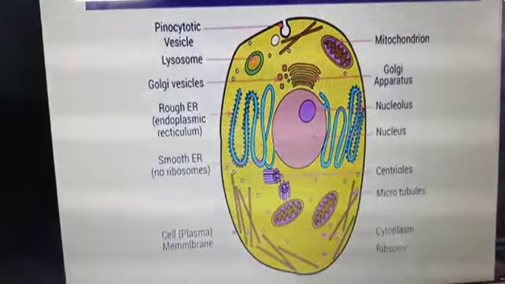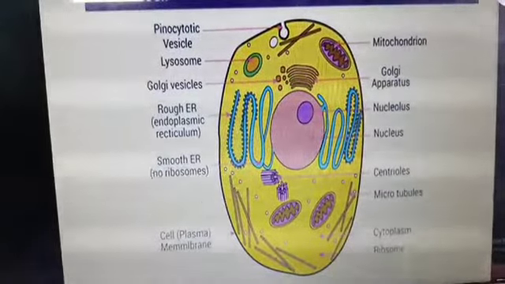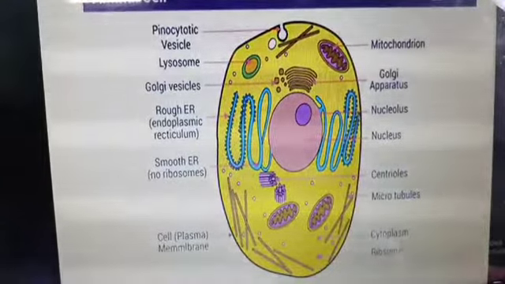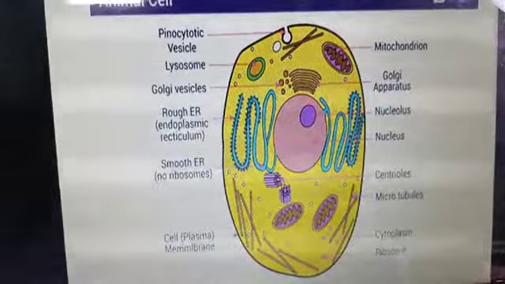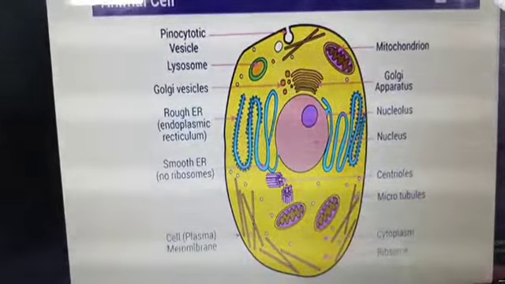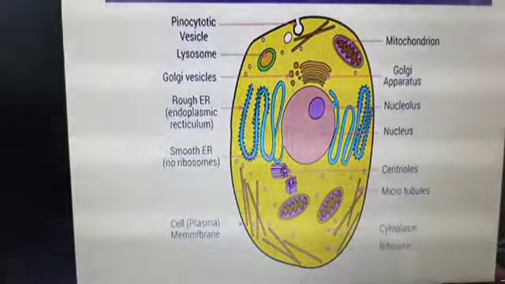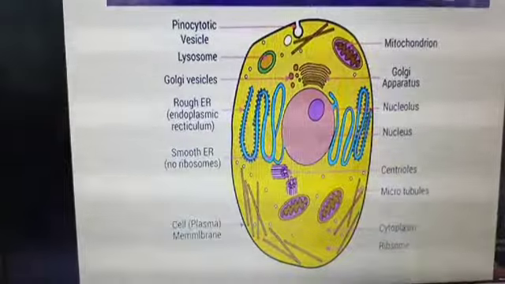And then the nucleolus and nucleus are there, and other cell organelles are also present. So the basic difference here is that the vacuole is small, whereas in the plant cell it was a large vacuole. And obviously the nucleus is present towards the center of the cell.